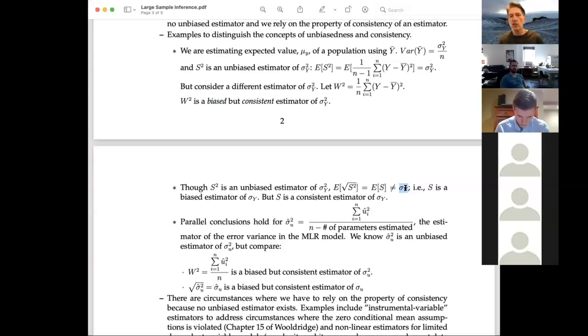You let the sample size get large enough, it's not going to matter. It seems a little bit weird, but when we take the square root, this is a nonlinear function. We got one result in terms of s squared. It's not going to hold when we take the square root. We're no longer going to have an unbiased estimator, but we still have a consistent estimator.